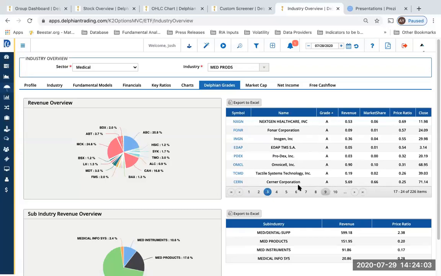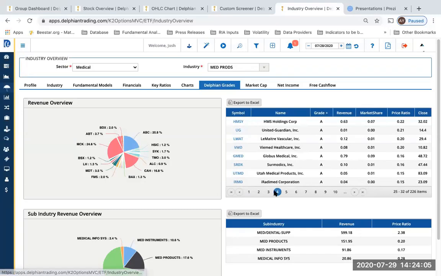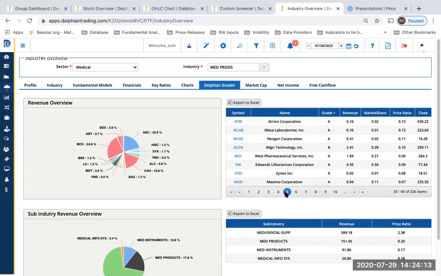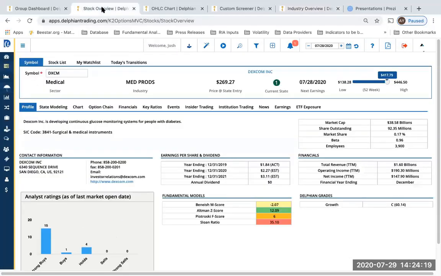Okay, so you can see some of these stocks. This is revenue in billions, and these are all the A grade stocks. Do you see anything interesting that you want to analyze? You see ALGN is there. Let's take ALGN and show that one too.